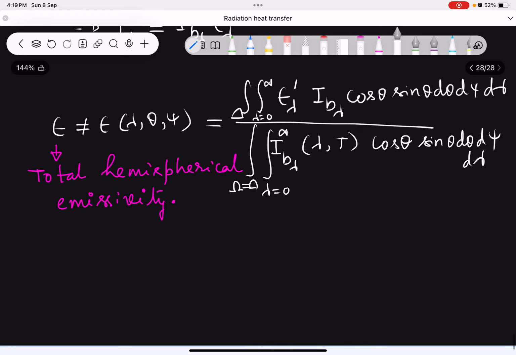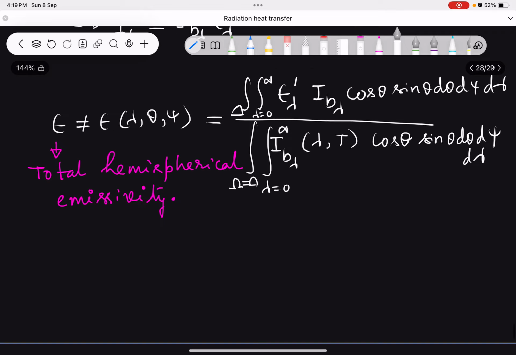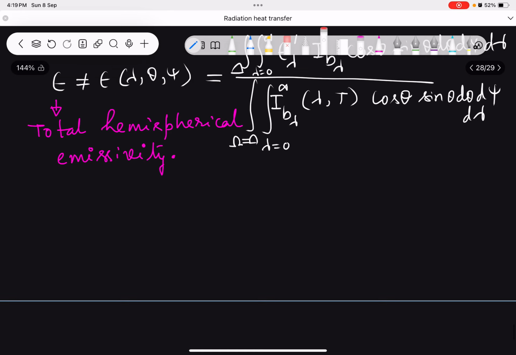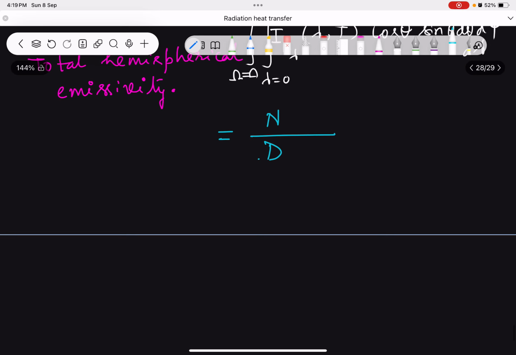So that means, let me solve first the denominator. I have already solved this. So I am writing this as my numerator by denominator. The denominator is this one, I_B lambda.